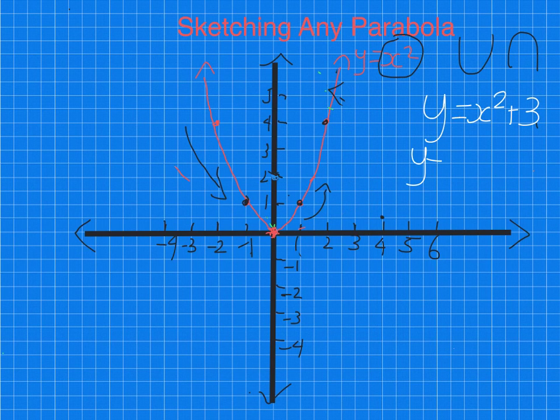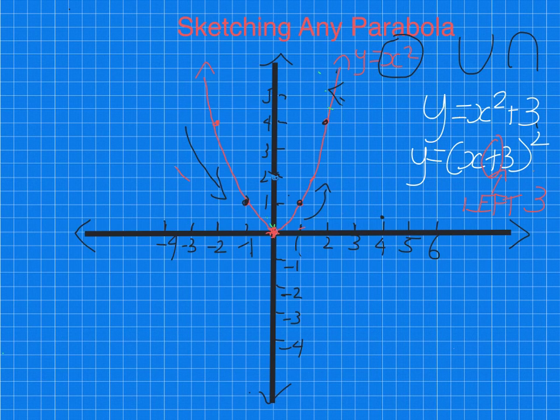So if I have y equals (x plus 3) squared, so now the 3 is part of what's being squared, it shifts it left and right. But the thing is, it sort of goes in the opposite direction than you would expect. So for y equals (x plus 3) squared, it actually shifts it left by 3 units. Okay, so if this thing here is positive, it goes left. If it's negative, it goes right.